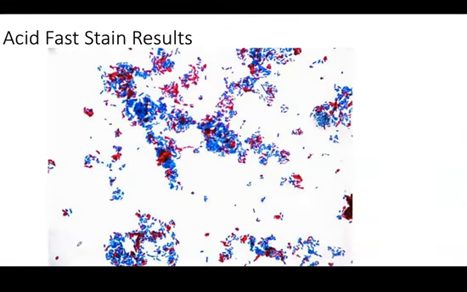So the next picture is a slide, and this is a smear that we made in our lab that has both types of bacteria present. So there are both acid fast and non-acid fast that are mixed together on the same slide. And so hopefully you can see there is this pink color. So these bacteria in this area are that fuchsia color. So those would be acid fast bacteria.